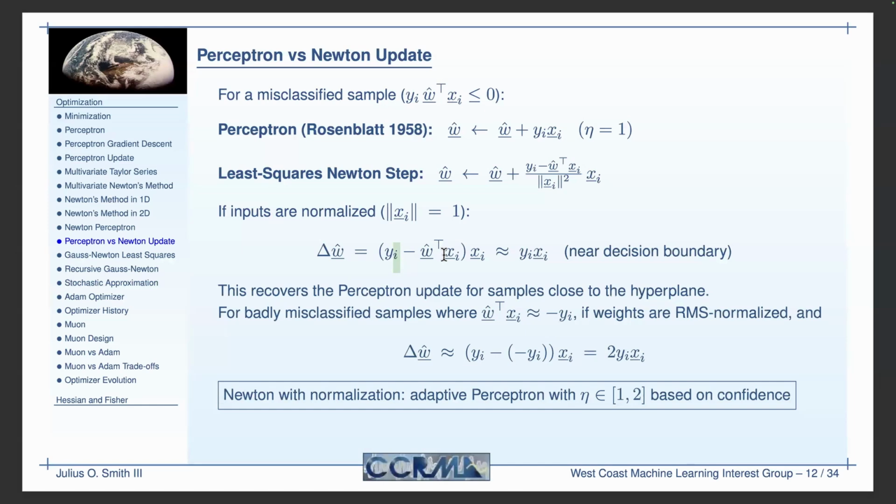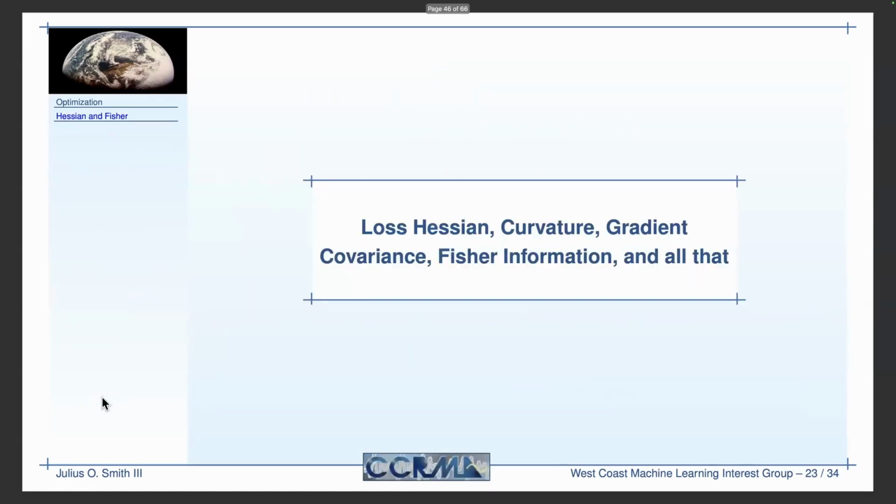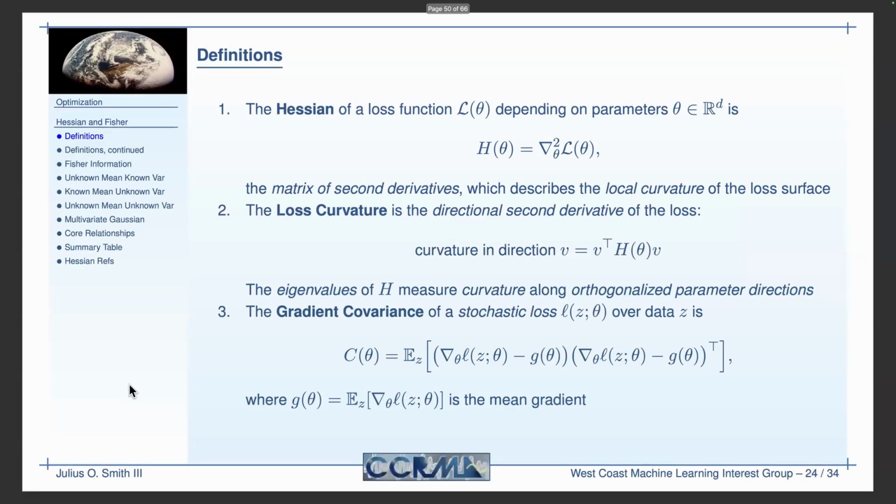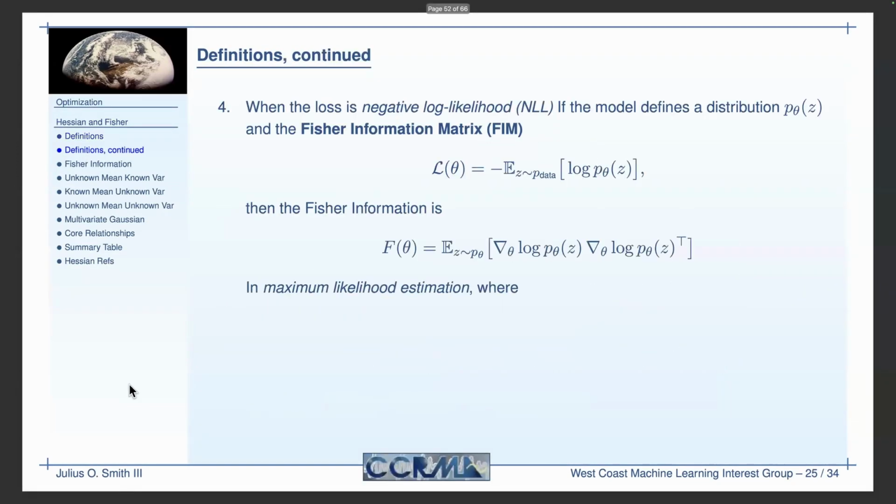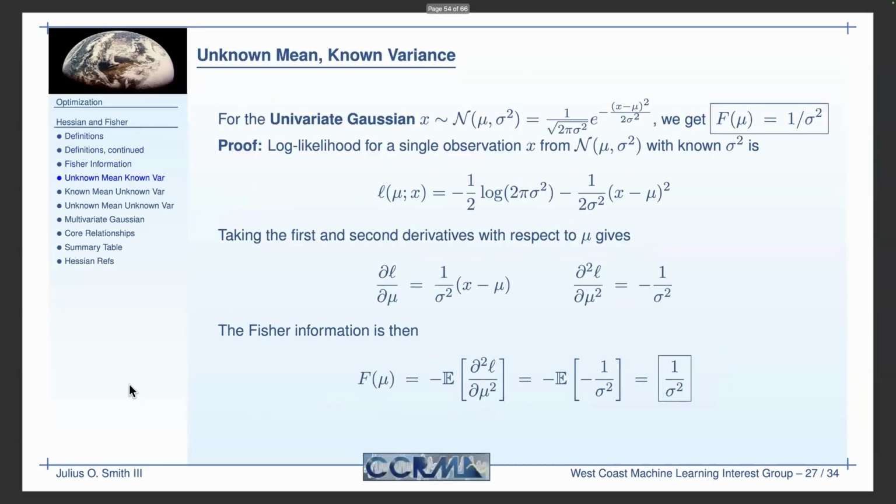We'll still have more than enough, because if we run out of time, we can talk about best practices with all of our various software environments. And I'm sure I can fill up the available space with Hessian, loss curvature, gradient covariance, Fisher information. I have a derivation of the univariate Gaussian log likelihood and the Fisher information.